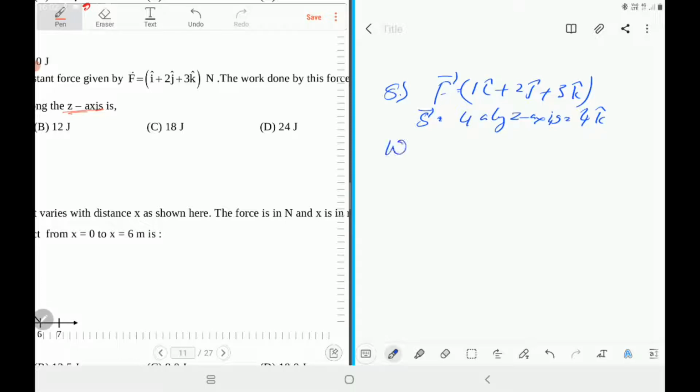Now what is work? Work is force into displacement. What is force? You write 1i plus 2j plus 3k dot 4k.